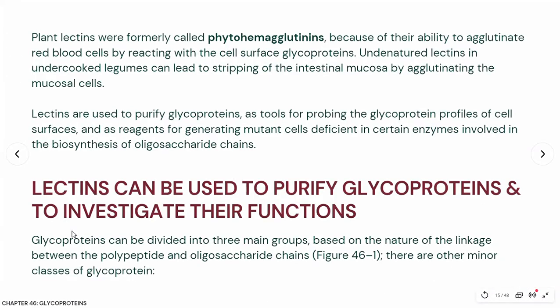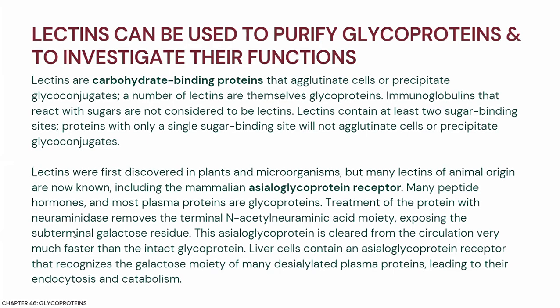Now, lectins can be used to purify glycoproteins to investigate their functions. Because we said the lectins can attach to the carbohydrate. So lectins are carbohydrate binding proteins that agglutinate cells or precipitate glycoconjugates. A number of lectins are themselves glycoproteins.